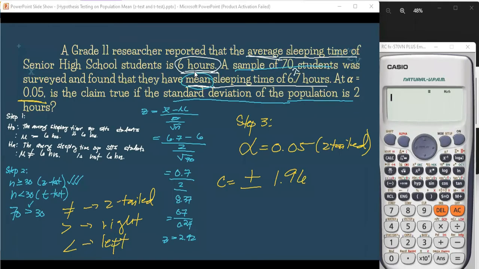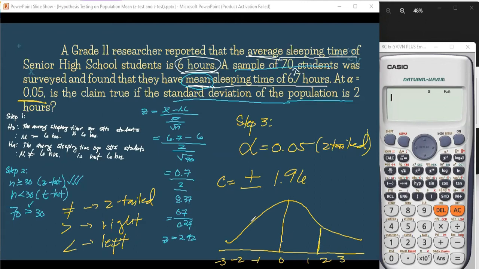So tapos na po ba? So, hindi pa po yan tapos. Kasi po, kasama po natin kailangan i-graph si normal curve. At under ng normal curve, we have here 0, 1, 2, 3, negative 1, negative 2, negative 3. Ngayon po, saan po nakalagay si positive 1.96? Dito po. Malapit lang siya kay 2, but not exactly 2.